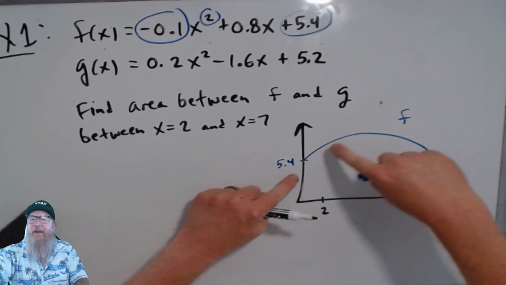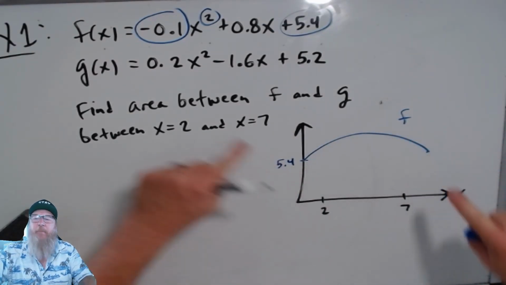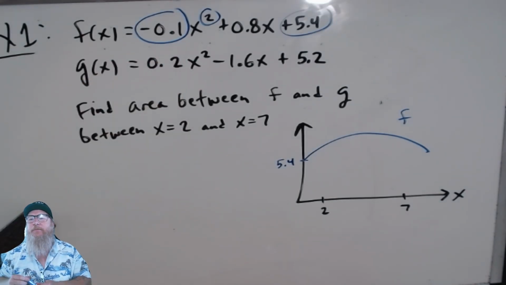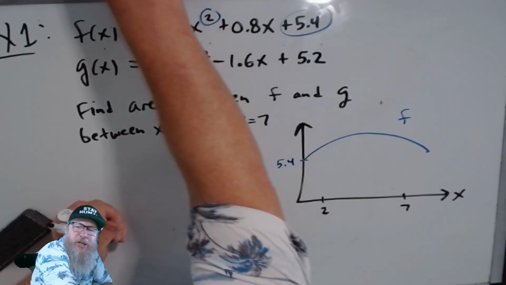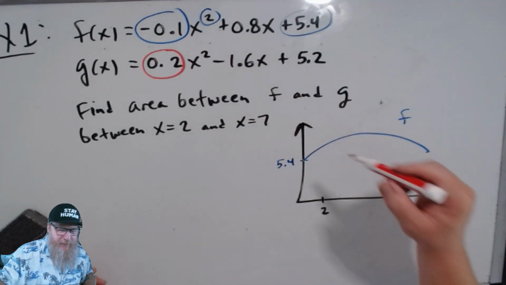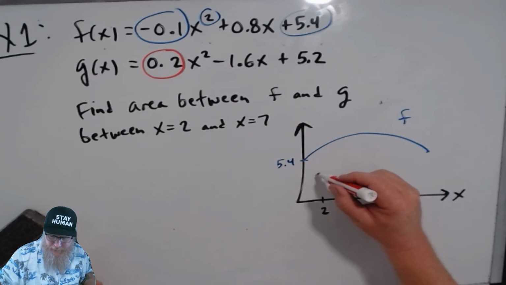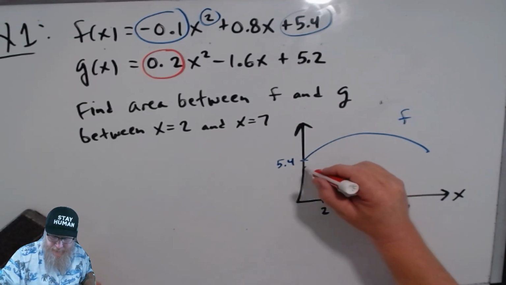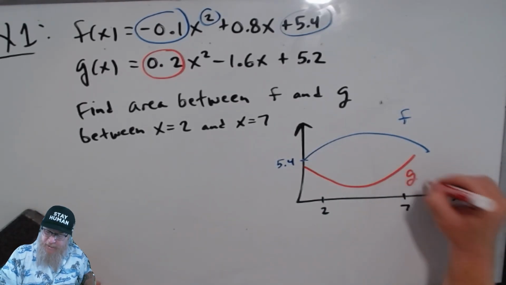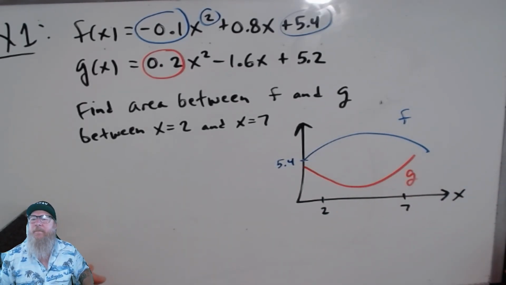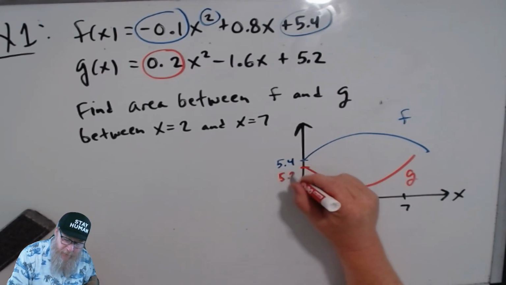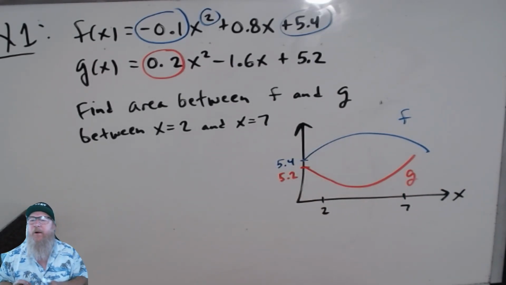It's a very shallow curved parabola because the leading coefficient is a decimal. And then g looks like this. It's a little bit steeper, so it's more like this. So there's g. And it crosses the y-axis at 5.2, so just a little bit lower than that.